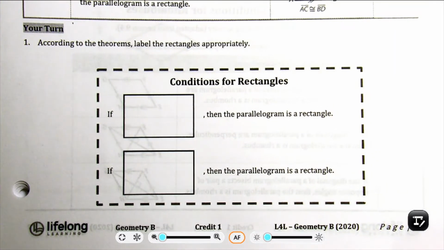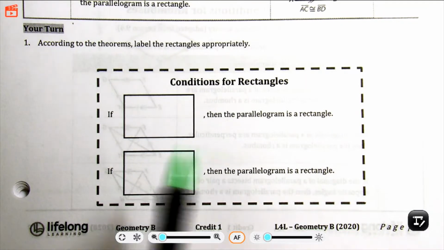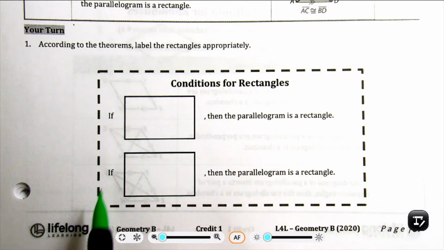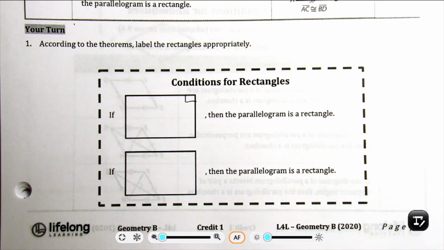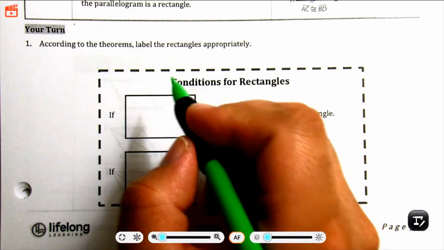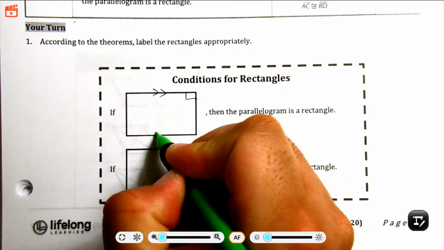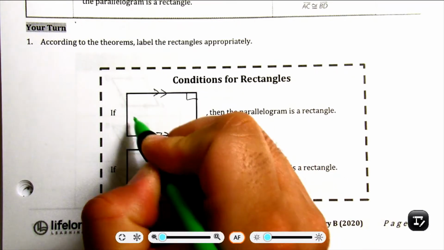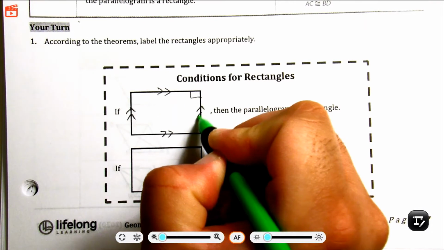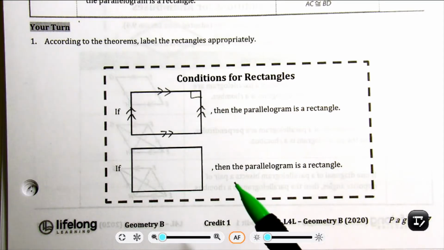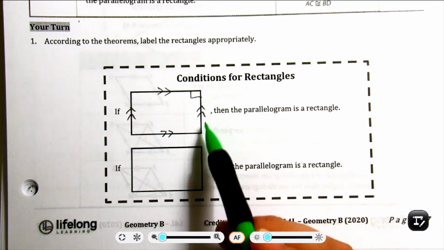Remember that the first condition was if there is a right angle. So let's put a right angle here. We know that this is a parallelogram, meaning that opposite sides are parallel, and there's a right angle, which proves that this parallelogram is a rectangle.